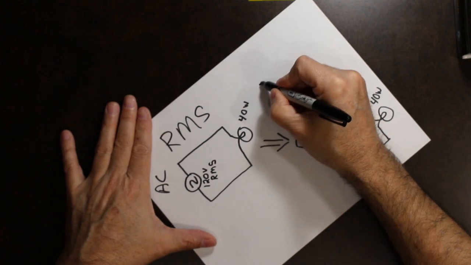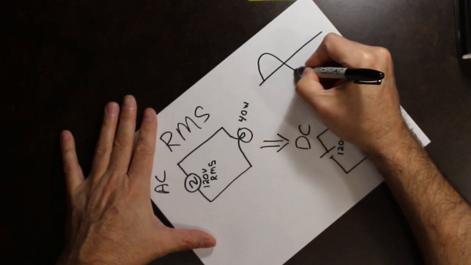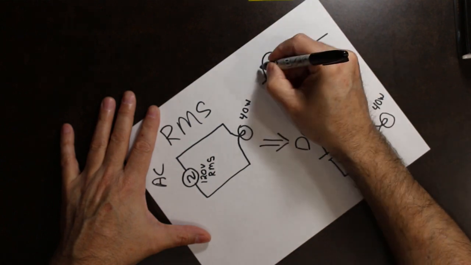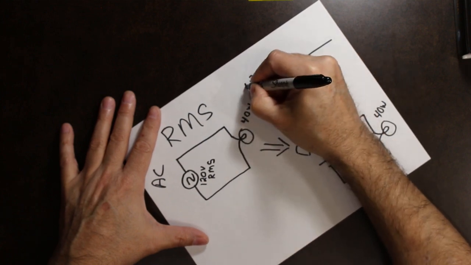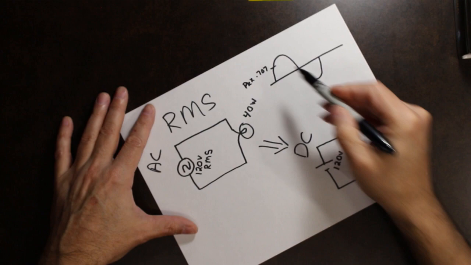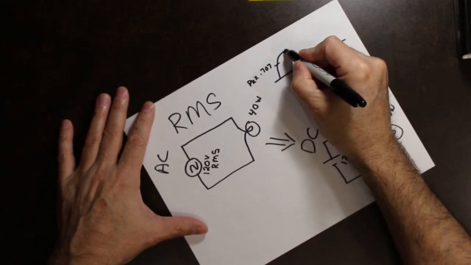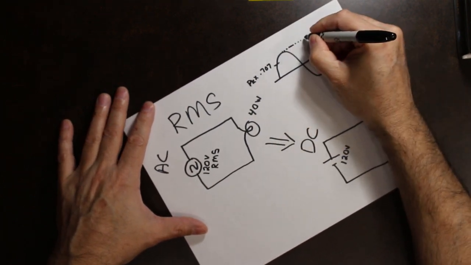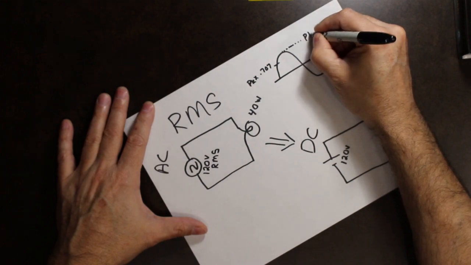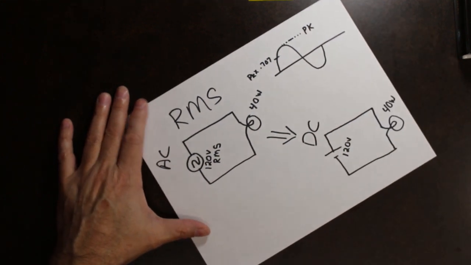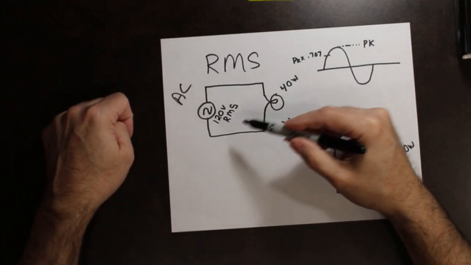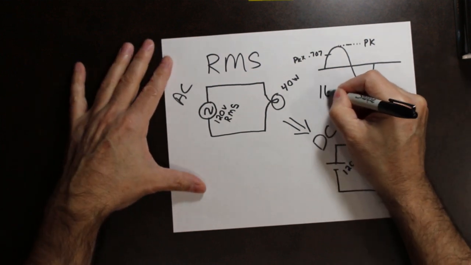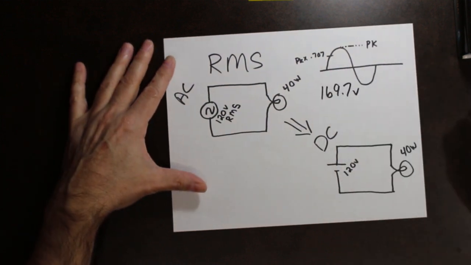Now, if I actually figure this out mathematically, if that was my AC waveform and this is my RMS value, so 0.707 times the peak. So if that's my RMS value, my actual peak value is quite a bit higher. So there's the peak value. The actual peak value of the waveform for 120 volts RMS is approximately 169.7 volts.